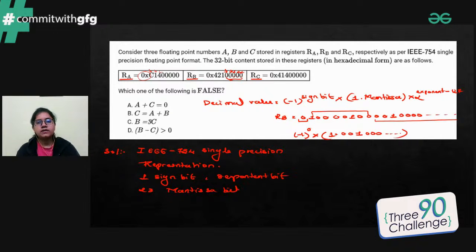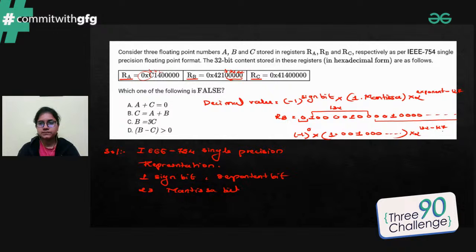What is the exponent? If you have calculated, it is 132 minus 127.